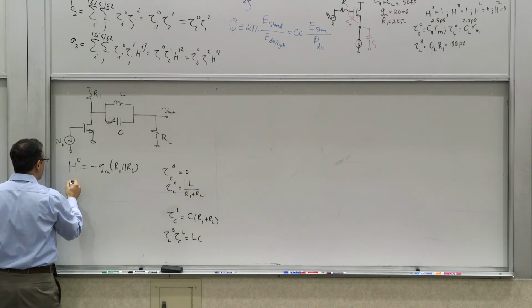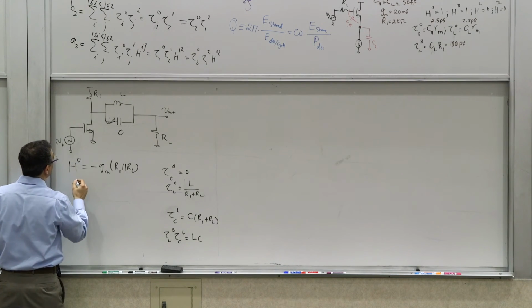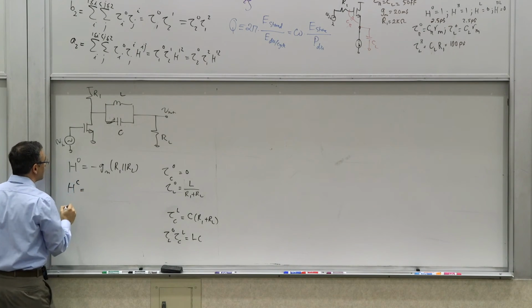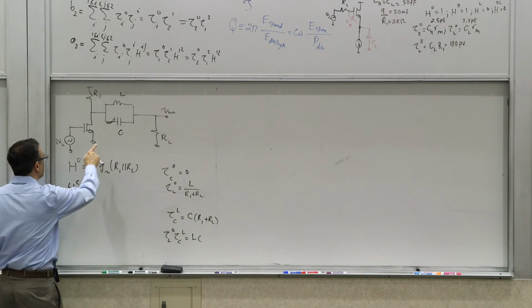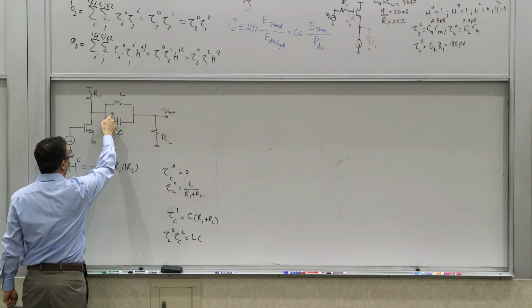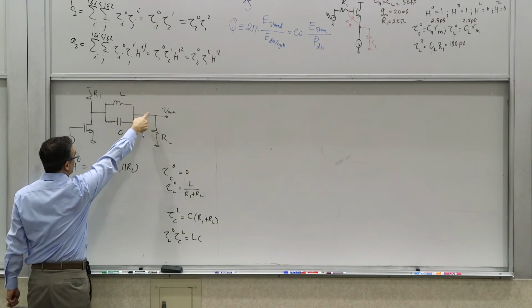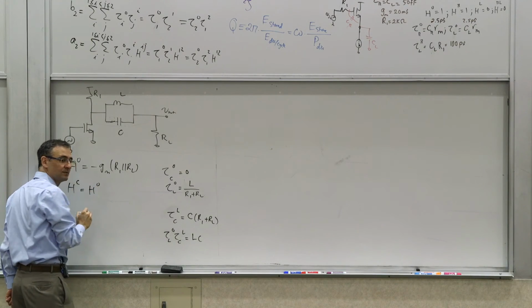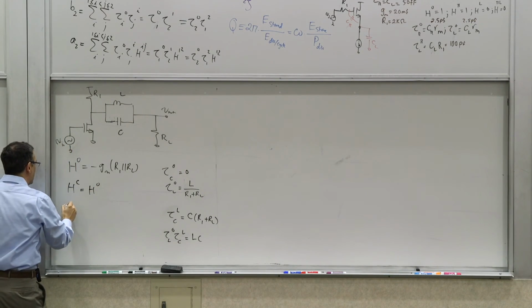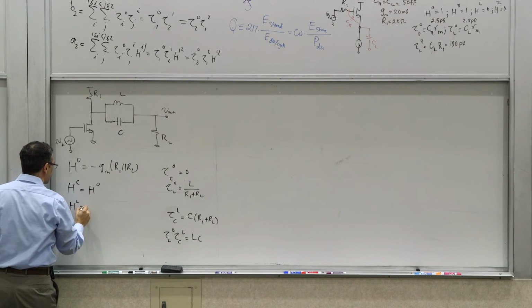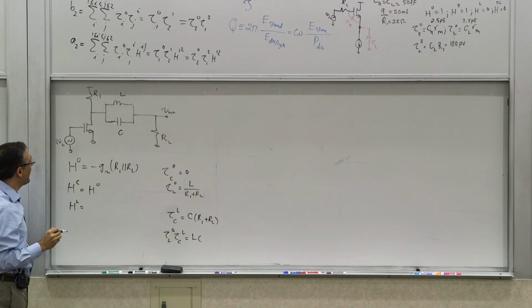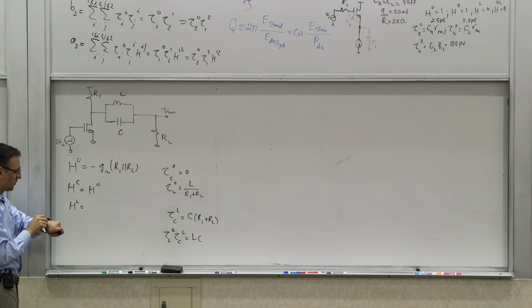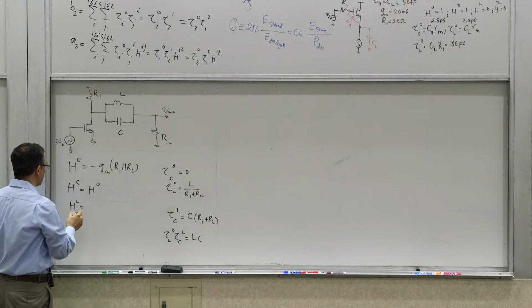Now, how about the remaining time constants, right? So let's see, what is HC? When C is infinite valued and L is 0 valued, both of them are shorted, so you get the same thing, right? You get H0. What is HL? If L gets infinite valued and C is 0 valued, you get basically 0.